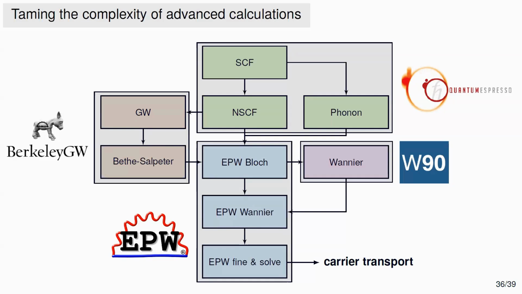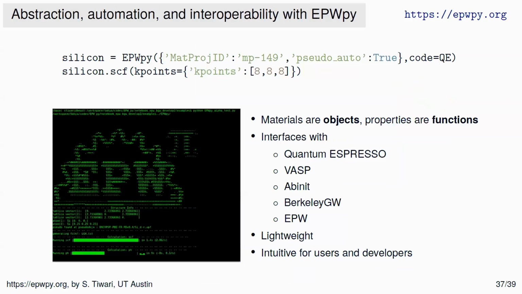So what we've been doing in the group is to try to simplify all of this. Essentially the idea was to develop a Python-based interface that takes care of most of the complexity for you. And the philosophy is very simple. The decision was we need to have some kind of wrapper that allows you to do a simple calculation in 2 lines and a complex calculation in maximum 10 lines.